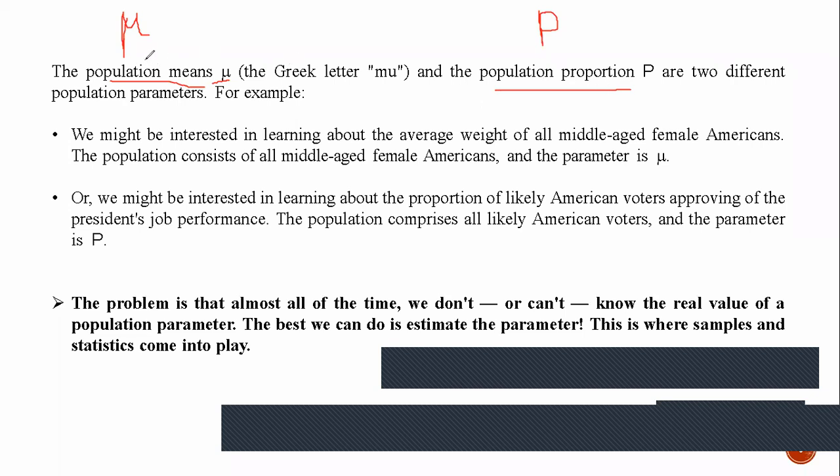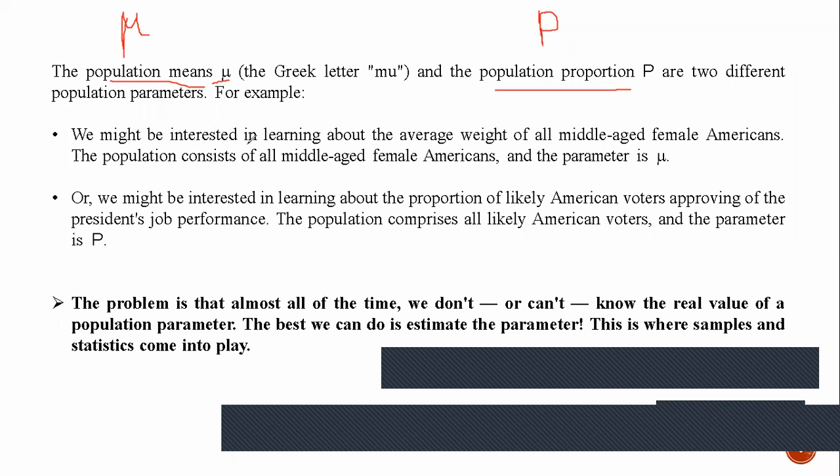So how can we denote the population mean? That is mu. For the population proportion, that is capital P. These are two different population parameters. Now let's see what is mu and what is P. We might be interested in learning about the average weight of all middle-aged female Americans.